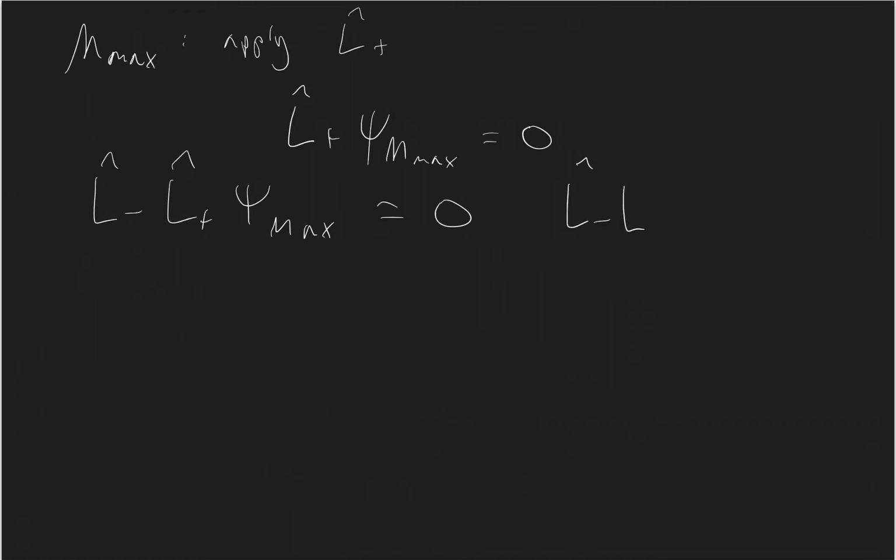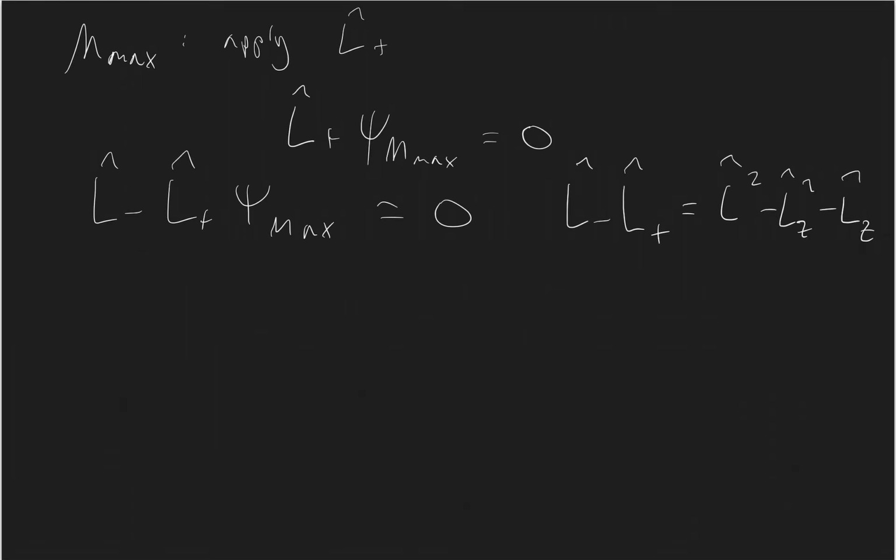The reason why is because we can express the lowering and raising operators in terms of our known operators, okay? So we can just say that this is equal to L squared, if you remember from our definitions, the square of the angular momentum vector minus the operator itself, okay?